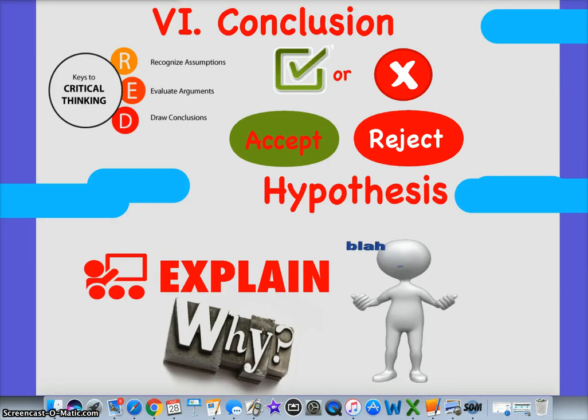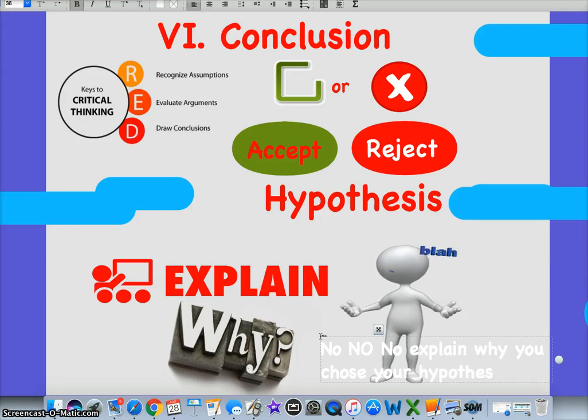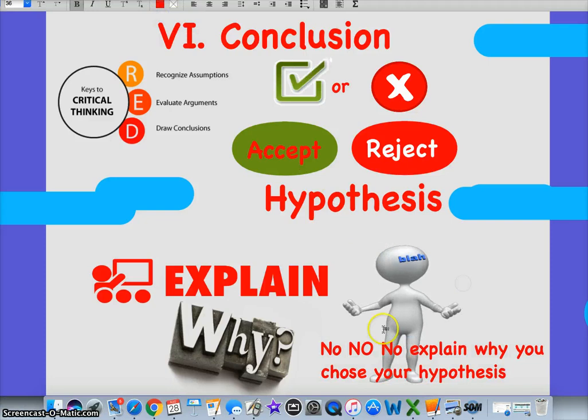You're not going to explain why you chose your hypothesis. I'll make this red. You do not explain why you chose your hypothesis. You explain why your hypothesis was correct.